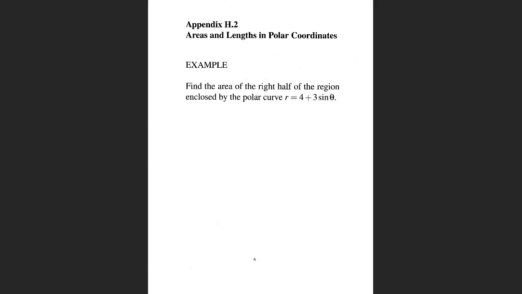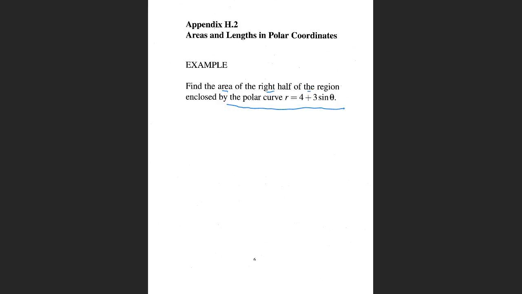Okay, so what we want to do here is find the area of the right half of the region enclosed by the polar curve 4 plus 3 times the sine of theta. To do this problem, what's the first thing you need to do? Graph it.